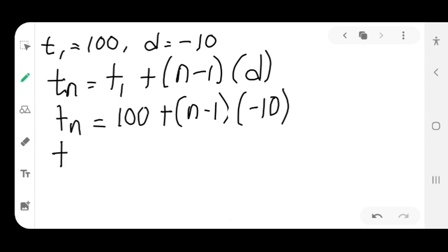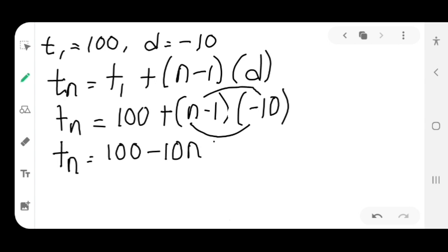So t sub n is equal to, so in simplifying equations, we need to follow again GEMDAS. So between addition and multiplication, we are going to perform multiplication first. That is why we are going to copy 100. Then multiply n and negative 10, n times negative 10 is negative 10n. Negative 1 times negative 10 is positive 10.